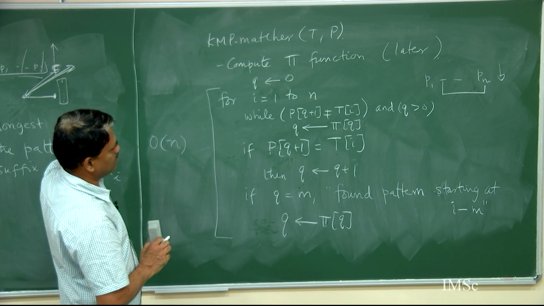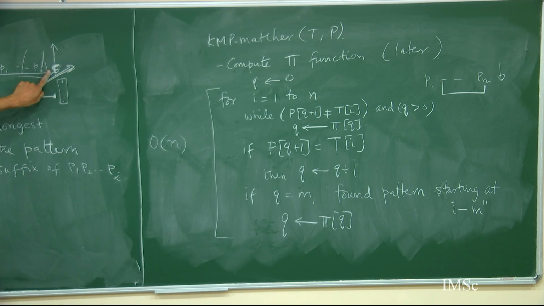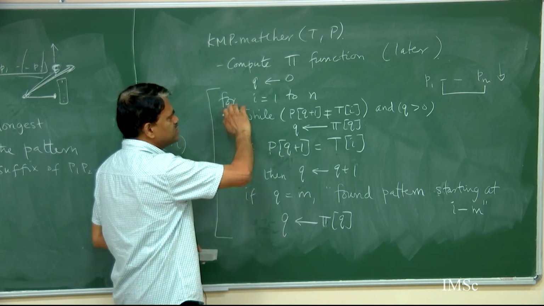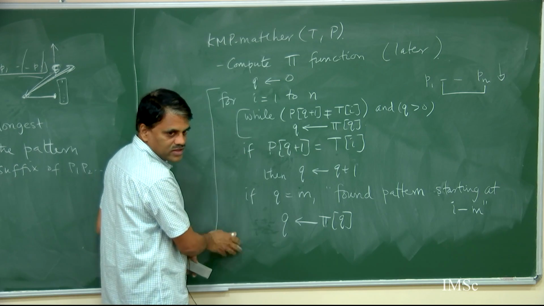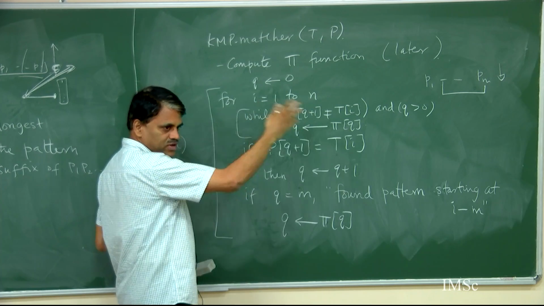Now the running time, why is it order n? Basically because there is this while loop. If it were just a for loop, this is a constant time computation, this is a constant time computation, all of that is great. The only problem is there is this huge while loop happening, and it can happen several times.